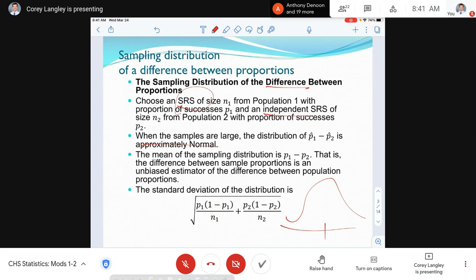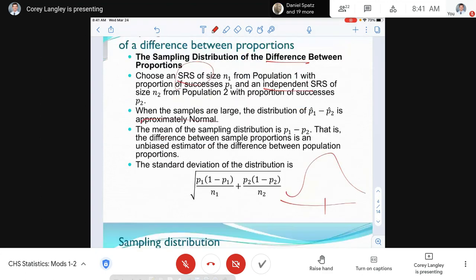And the standard deviation for this distribution is just a slight adaptation to accommodate two different populations. And previously, under our square root, it was just P times its complement divided by n. Well, now we're updating that to add on the second population proportion times its complement divided by its sample size.